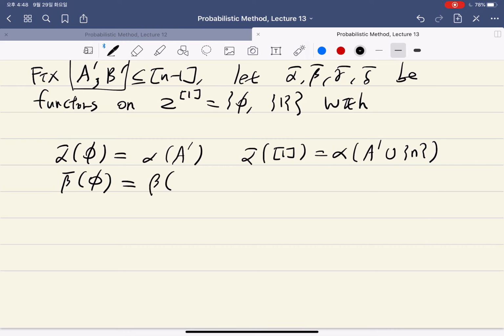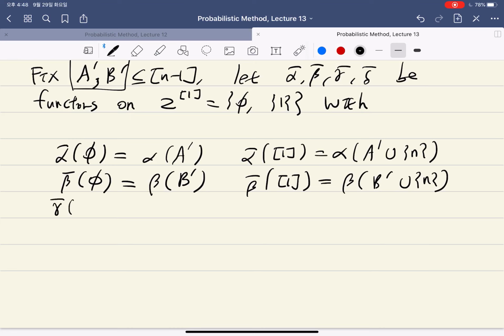So for all of these functions, every time we have an empty set, we evaluate the corresponding function on the sets which miss the last element n.